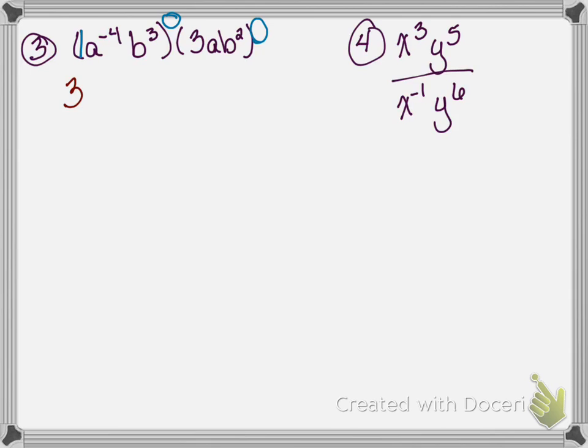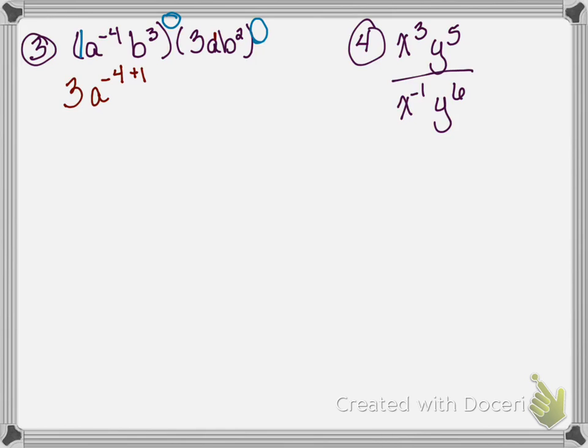Then I have a to the negative 4. And because I am multiplying a to the negative 4 times a to the first, what is my exponent rule? What do I do with those exponents? Good. So I've got negative 4 plus 1.